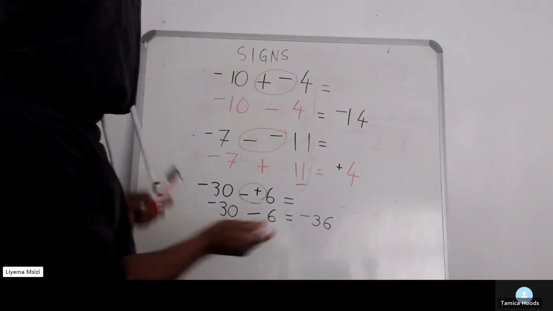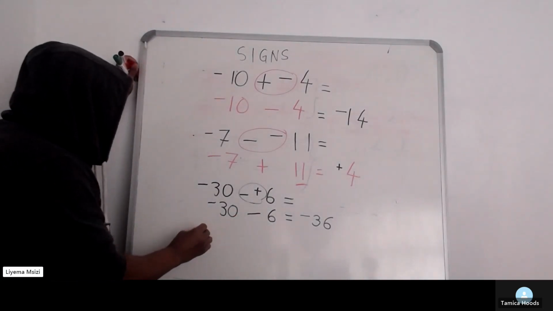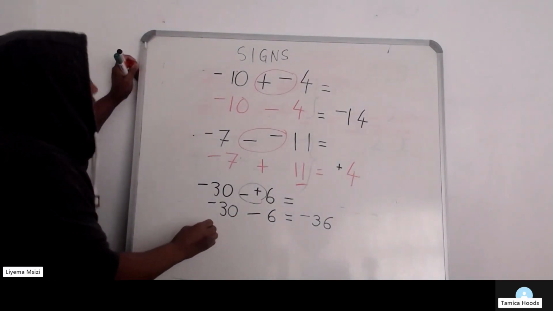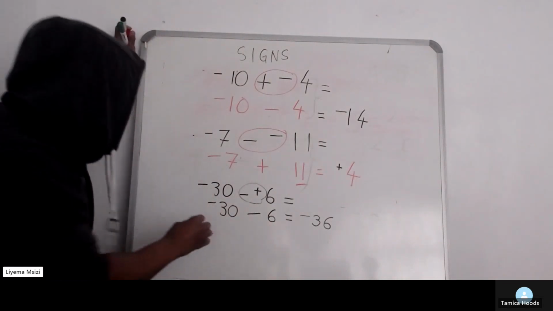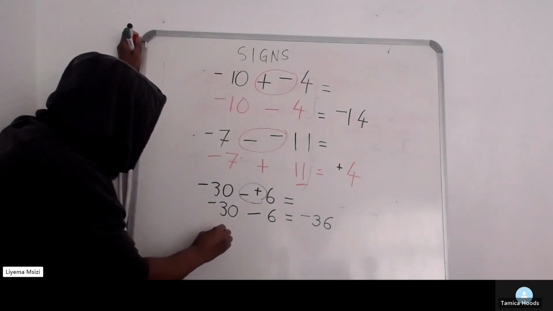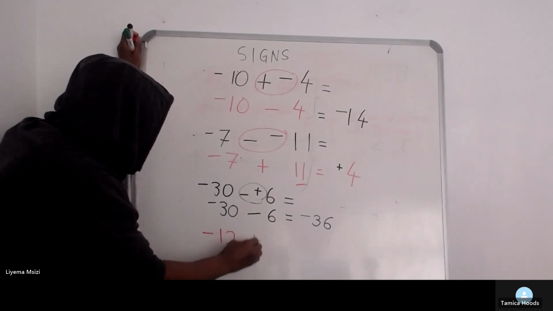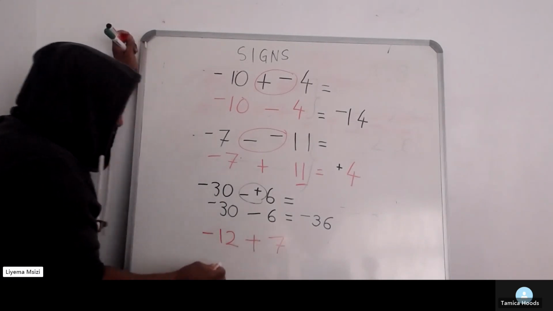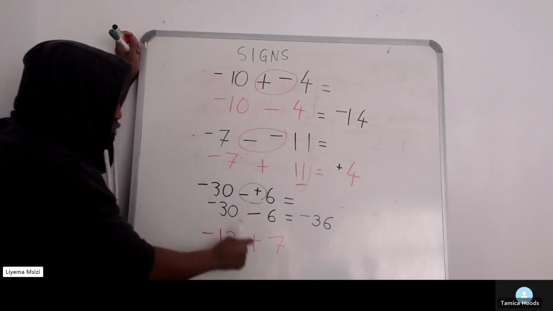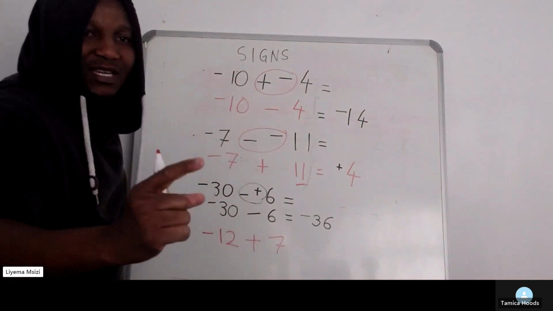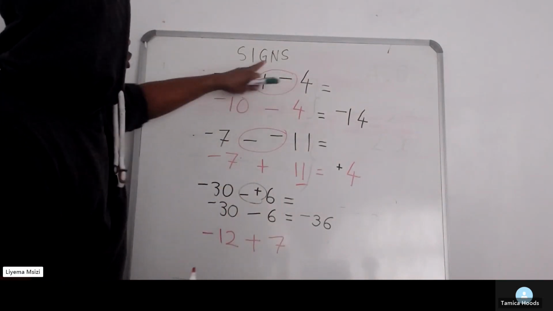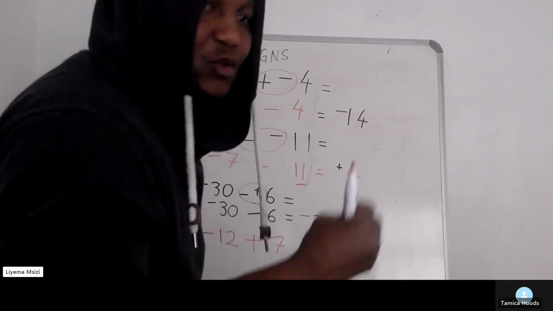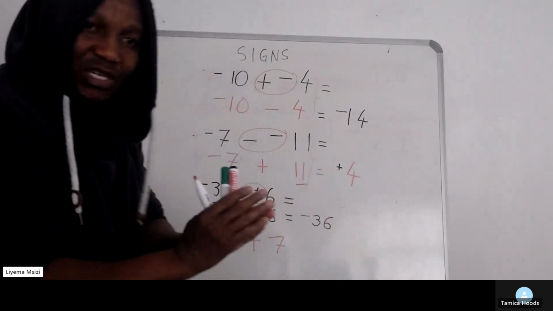More examples. Let me take the example which I gave at first. I think it was negative 12 plus 7. Let's do this one now. So now you see here, there are no two signs to make into one sign. You understand, Tamika? Because the issue before was there were two signs, and we don't need two signs in one position.